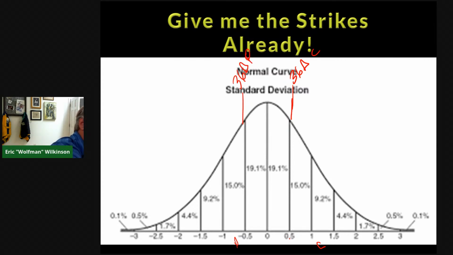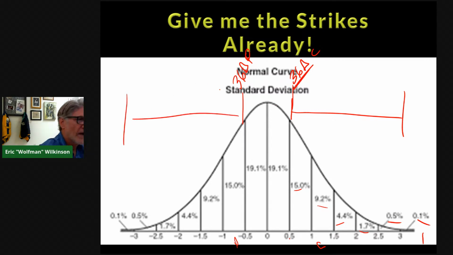Now, how do I come up with 36? Well, if I add 15, 9, 4.4, 1.7, half, 1, and there's a 4th standard deviation, 5th standard deviation all the way up. Basically, when you add up all of this, it adds up to around a 36. And all of this adds up to around 36.